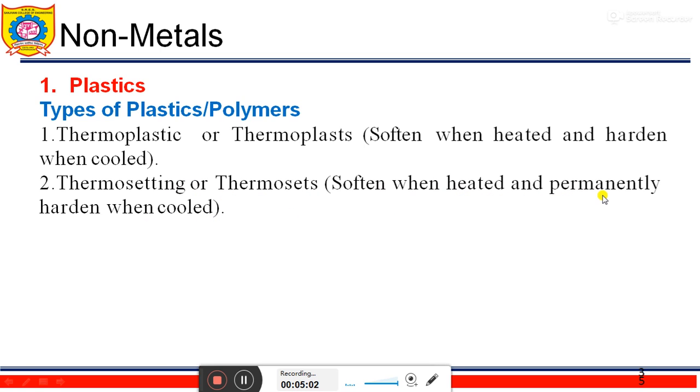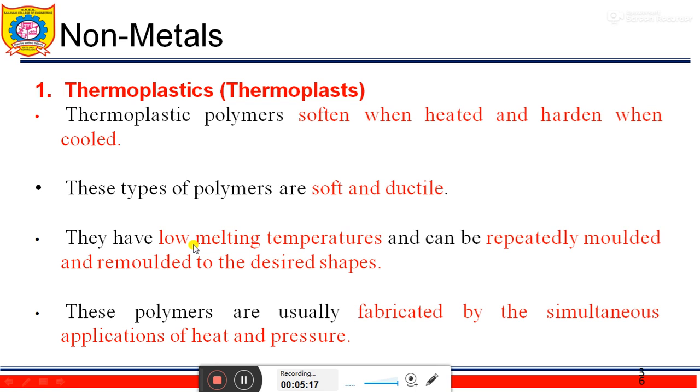After heating, when we cool them, they set permanently and the shape cannot be changed. That's why they are called thermosetting: thermo means heat, setting by heating. So after heating, they set the permanent dimension. They cannot be recycled.